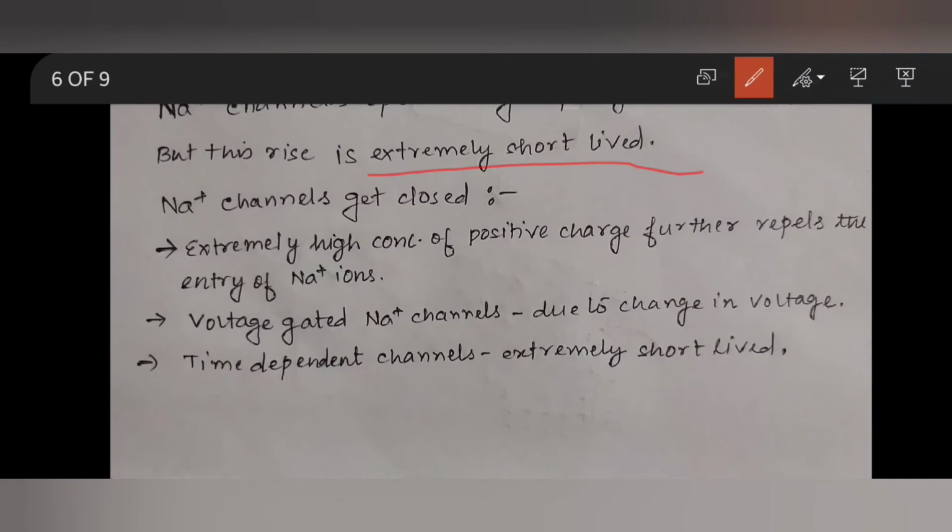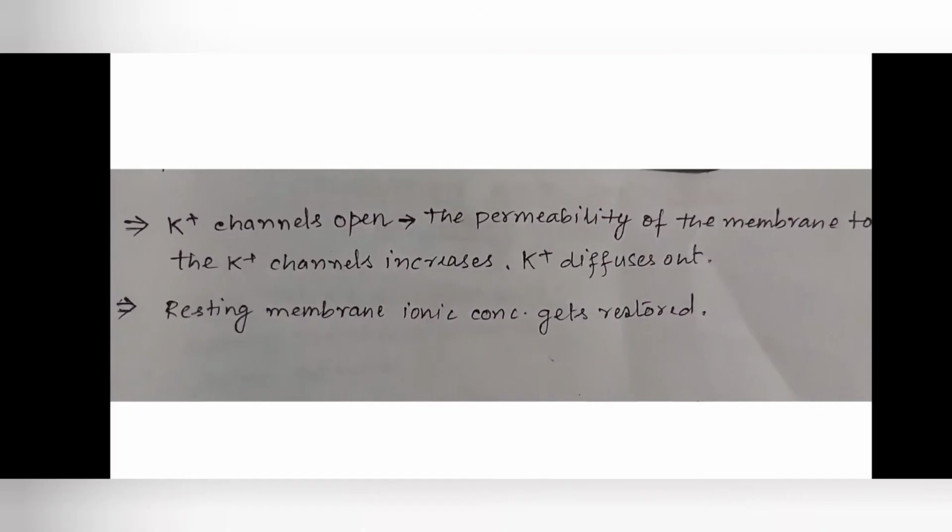At the same time, the potassium ion channels open, and there occurs the efflux of K plus ions from the cell. This event is known as repolarization. So what is repolarization? Repolarization is the event in which the voltage gated sodium ion channels close, the potassium ion channels open, and there is efflux of potassium ions.